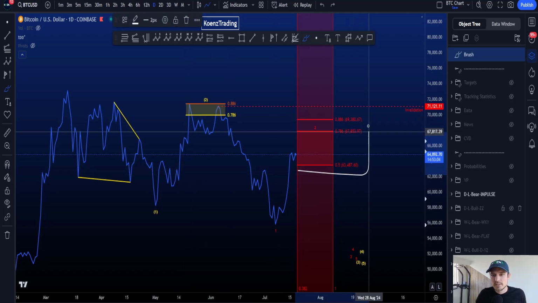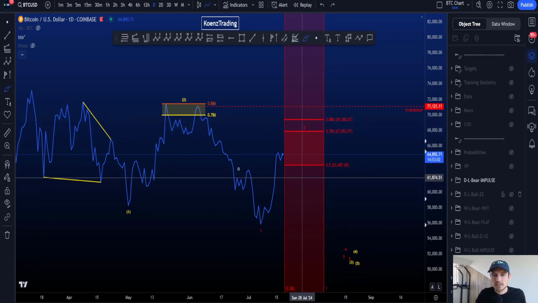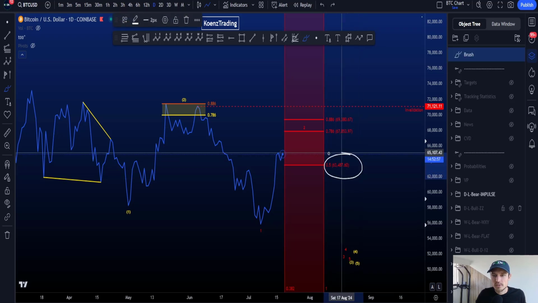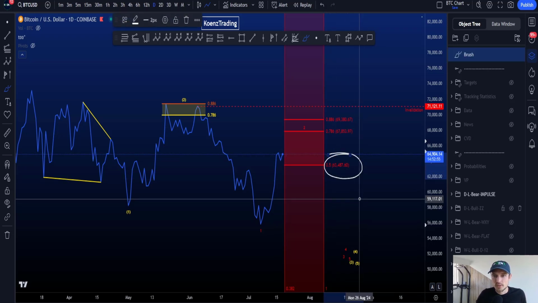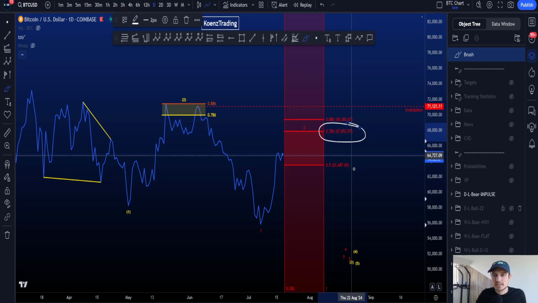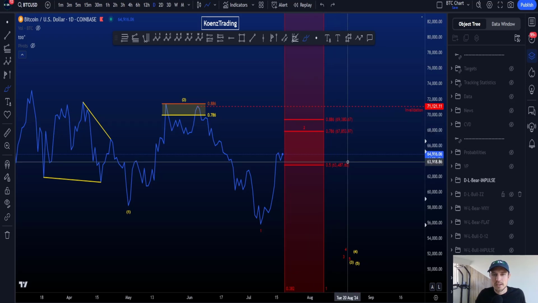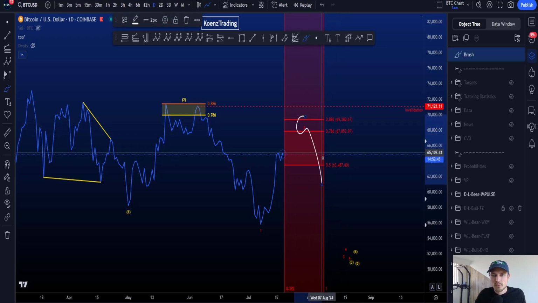Over here, you can see that common target area for this red wave 2, taken from the high to the end of wave 1, giving you a target between 63.4k and 67.8k, with the 0.886 being a target you do not want to hit at 69.3k. After this wave 2, we look for 3 down.